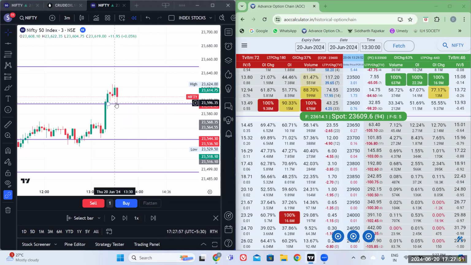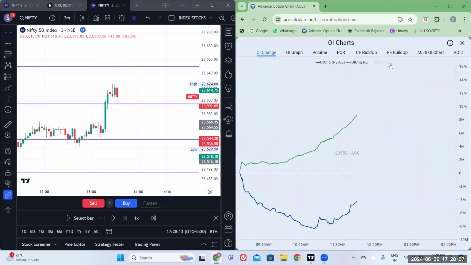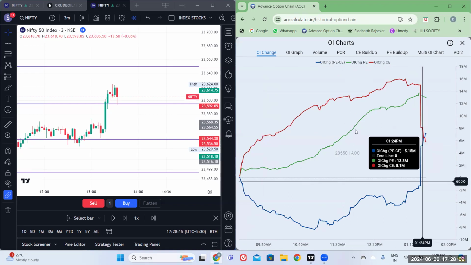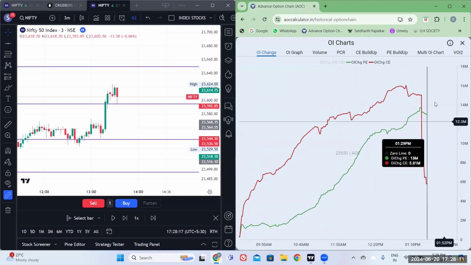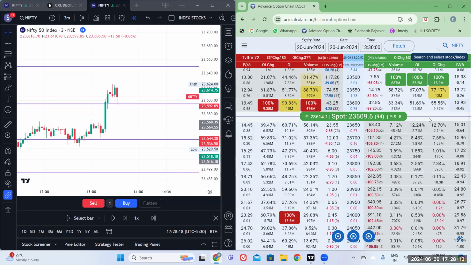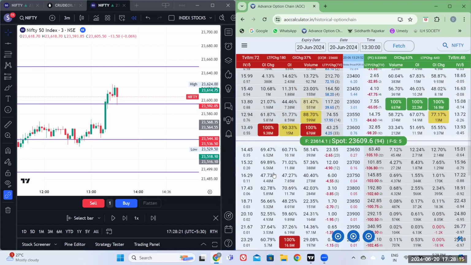Okay, and the market again came to the cost. So here what I did, I changed my position. On this candle, I exited the put and initiated a call trade. Now, why did I initiate a call trade is what even I need to understand. The reason was that this is dropping, and there was no weakness at the top.